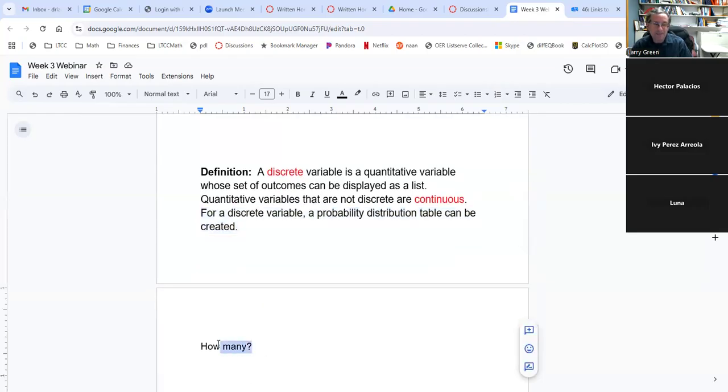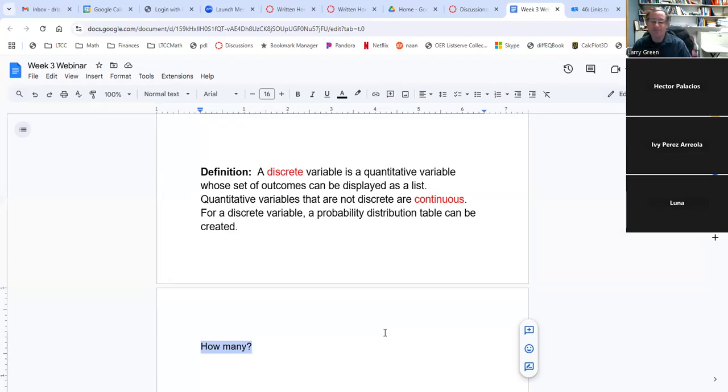One thing I like to remind myself and remind y'all is, if the question can be asked with the words how many, that would be discrete. Typically, if it can be asked with how much, that would be continuous. So how much time did you spend in a car today? That's continuous because, I spent 23.10753731214 minutes in a car today.